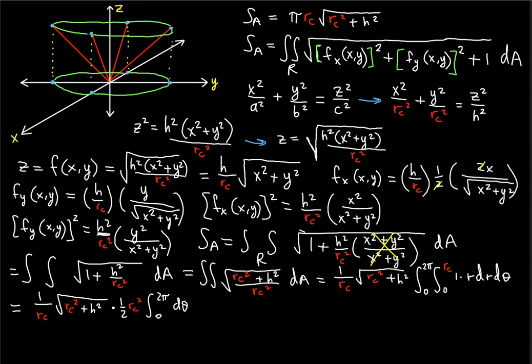Okay. Now you can see we can cancel out the rc here. The power of 2 goes away. It's just 1 rc to the first power. And then we get, let's see, we can write 1/2 first. And then let's write rc. And then we can write the square root of the rc squared plus h squared.